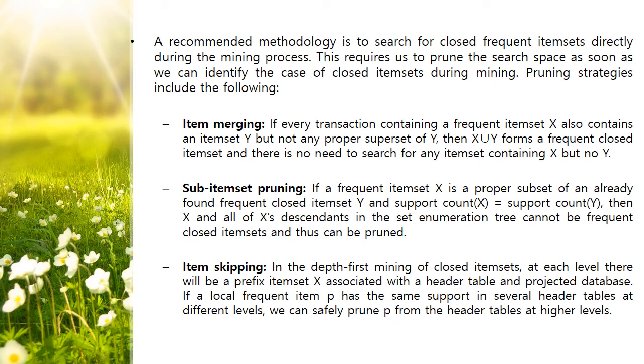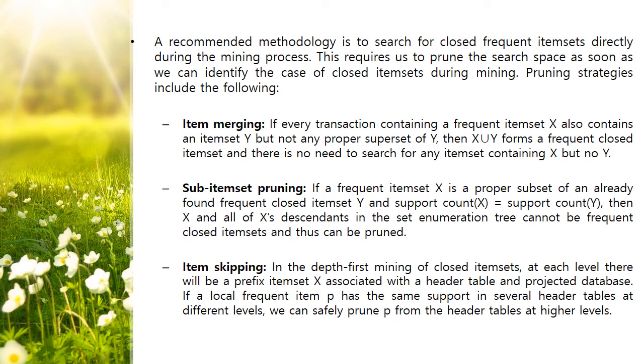In the depth first mining of closed item sets, at each level there will be a prefixed item set X associated with a header table and projected database. If a local frequent item P has the same support in several header tables at different levels, we can safely prune P from the header tables at higher levels.